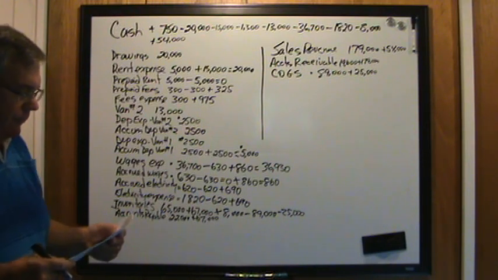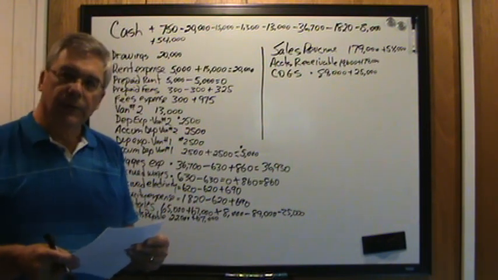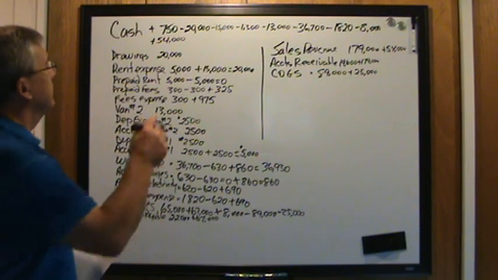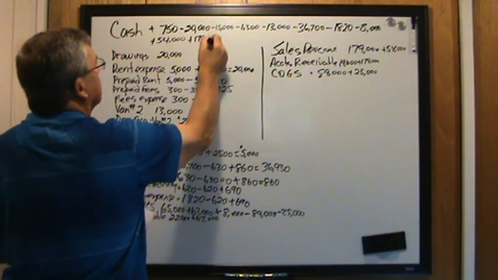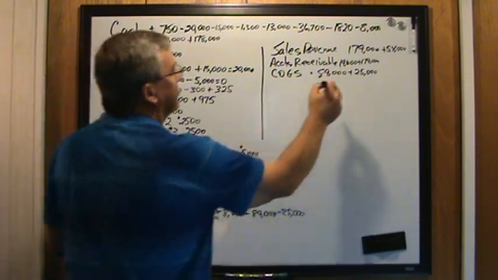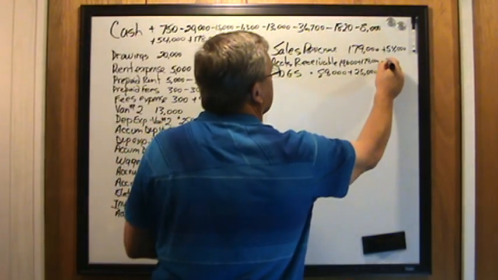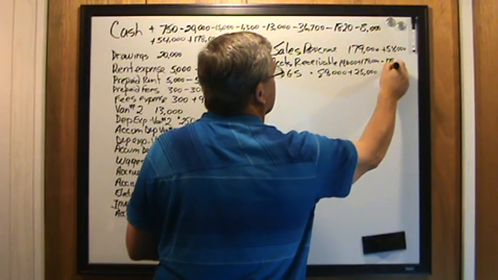Receipts from trade receivables or accounts receivable totaled 178,000, so that increased our cash 178,000, and it reduces our receivables by 178,000.